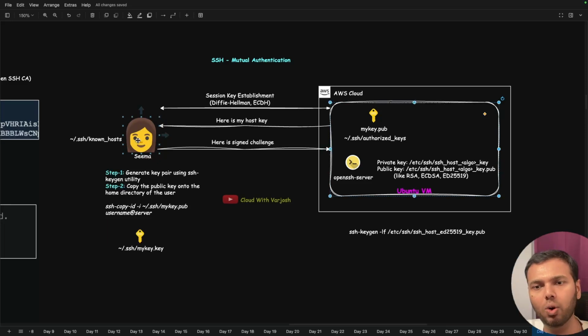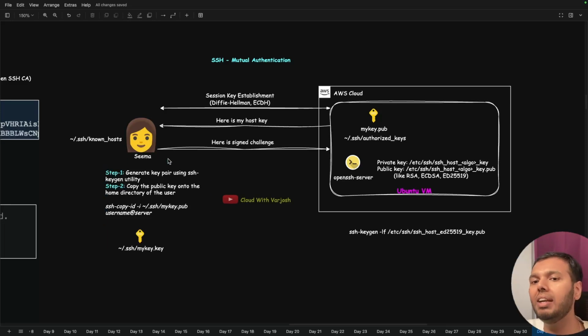It is the magic of the ECDH algorithm that generated the same session key for both Seema and the server. And if we are not sending that key over the network, then there is no chance of that session key or symmetric key getting leaked. Hence, the possibility of anyone eavesdropping on your SSH connection is near zero.